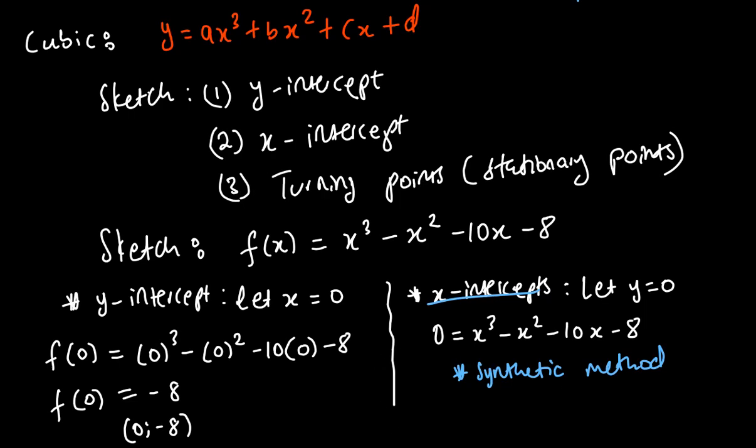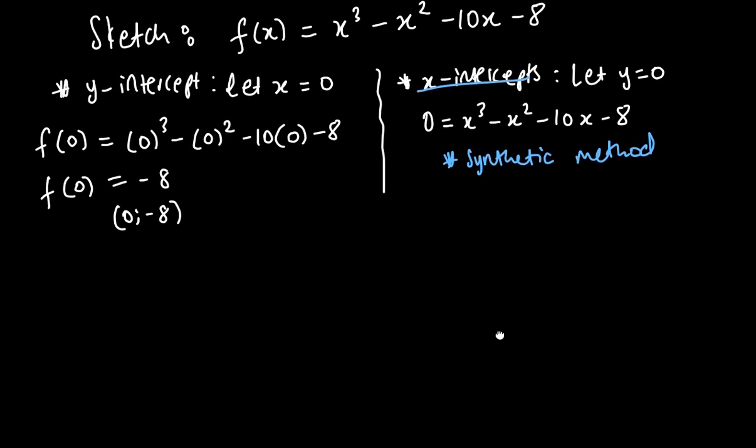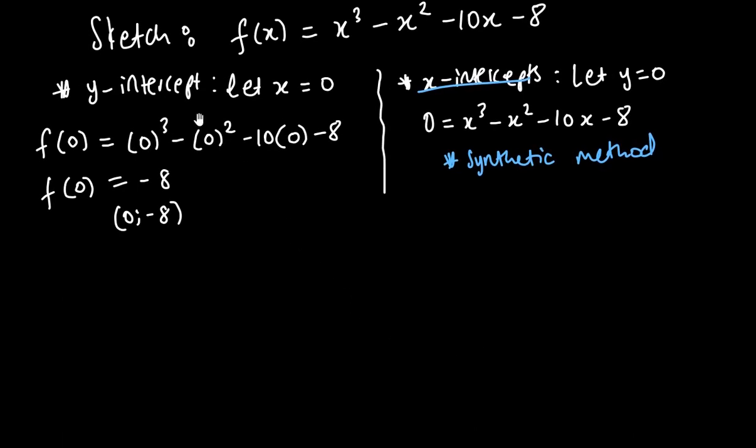So how do we apply that synthetic method? Let's first of all understand one thing: x-intercepts are x values that give us y as 0. At those x values, y is 0.